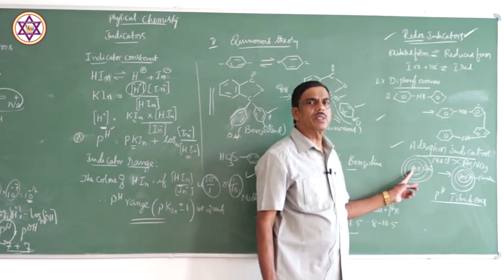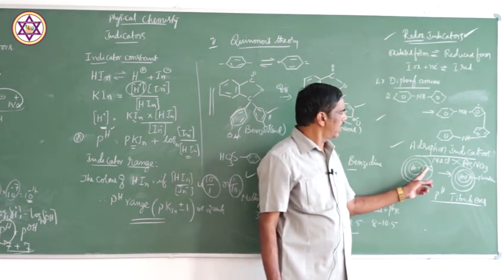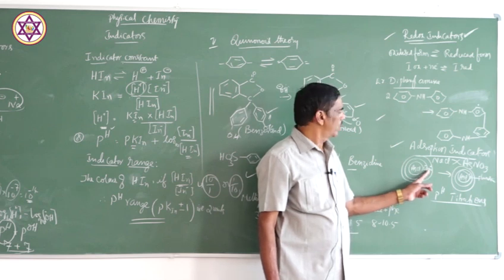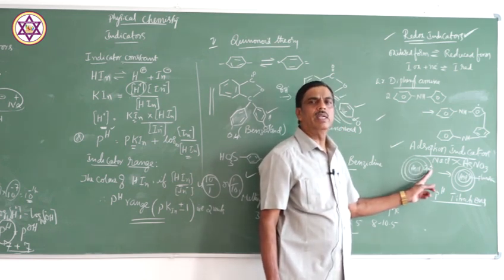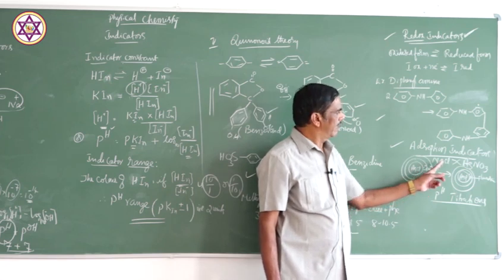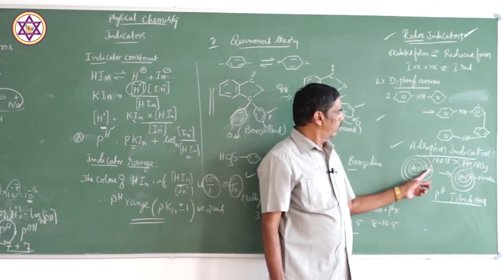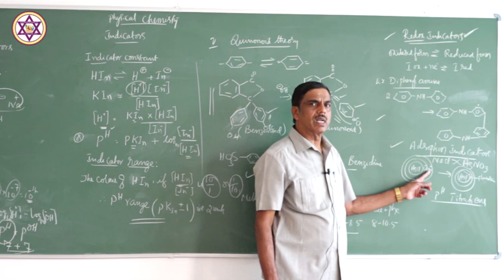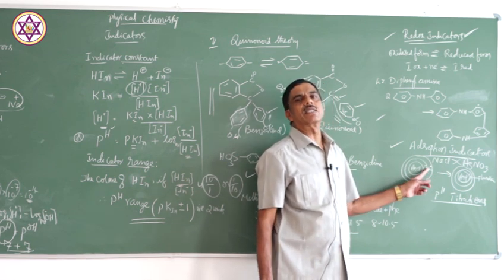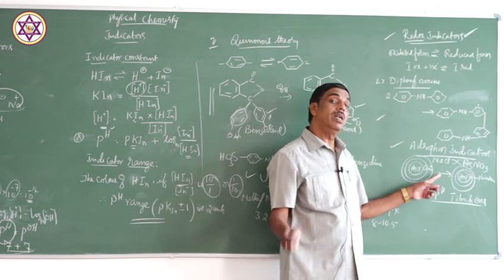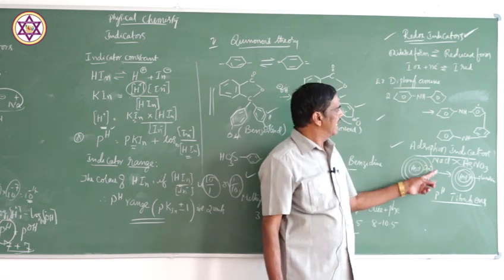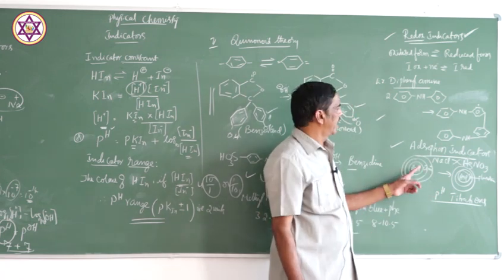Before the completion of the precipitation, it forms one color, because there are sodium and chloride ions available for adsorption. After complete reaction of sodium chloride with silver nitrate, there are no chloride or sodium ions for adsorption. In such a case, the indicator gets adsorbed. So the adsorbed form has a different color when compared to the unadsorbed form. Therefore, this adsorption indicator is used.